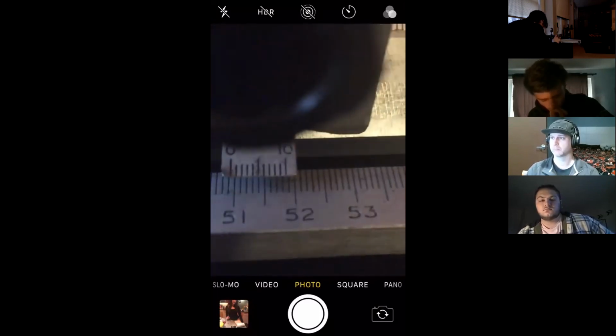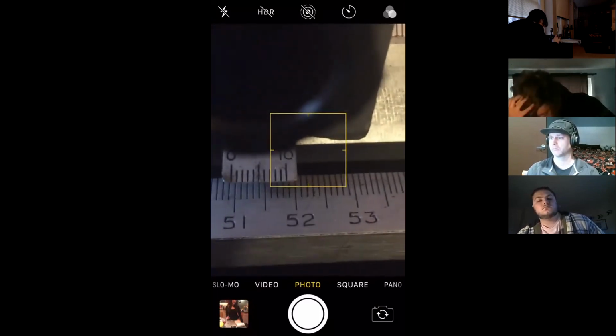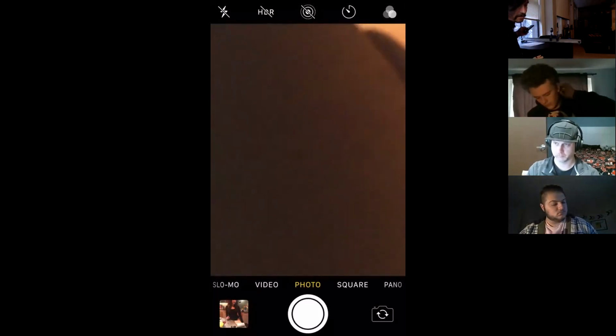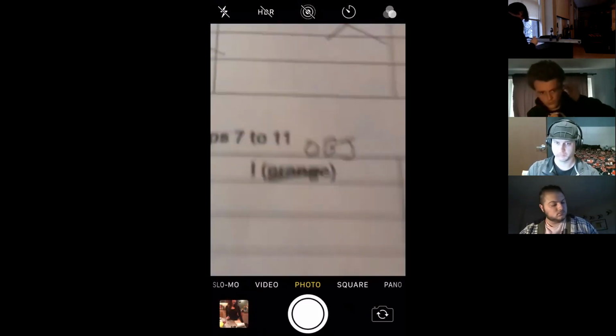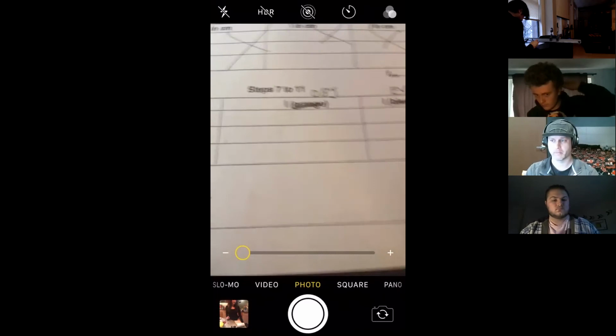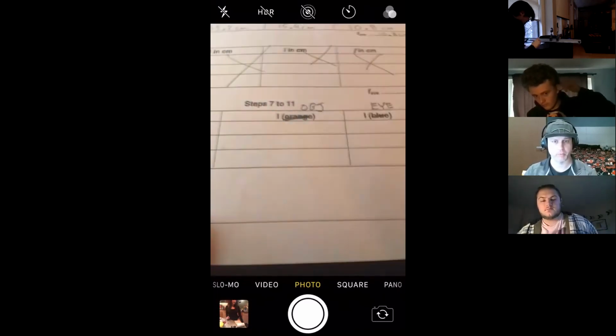Minus 51.4. It's a little dark for my calculator. Can you guys subtract 62.5 minus 51.4? What do you get? 11.1.